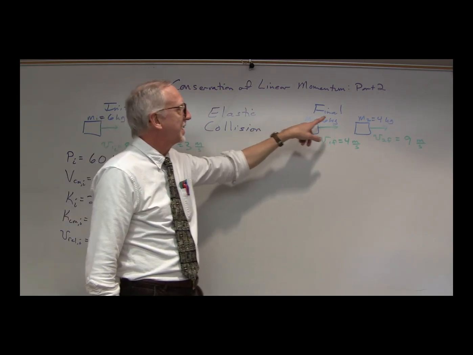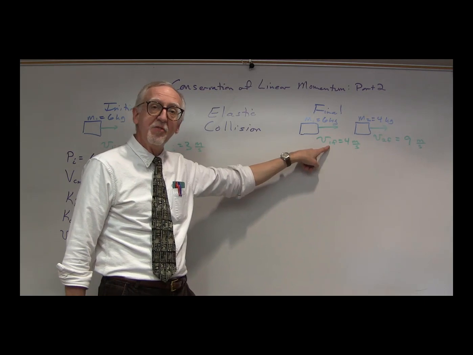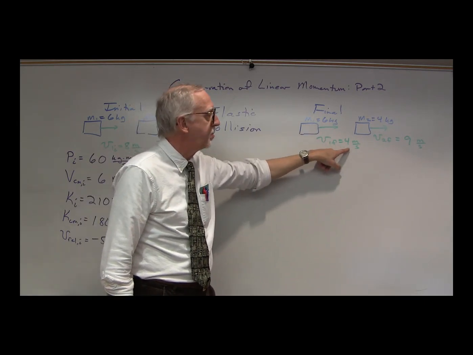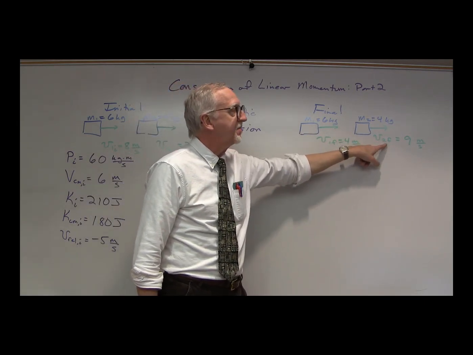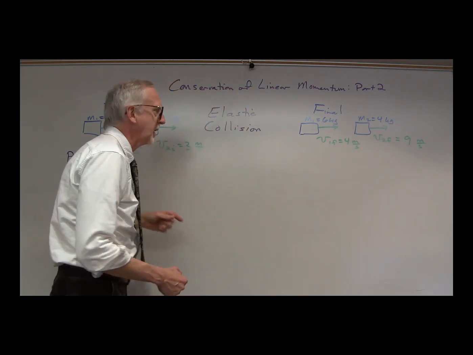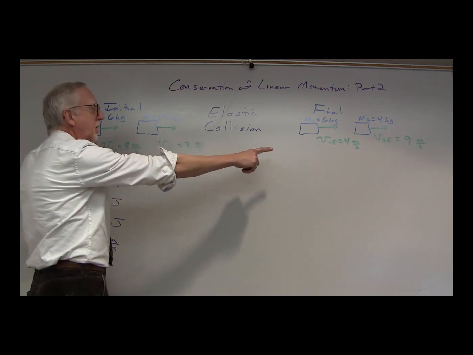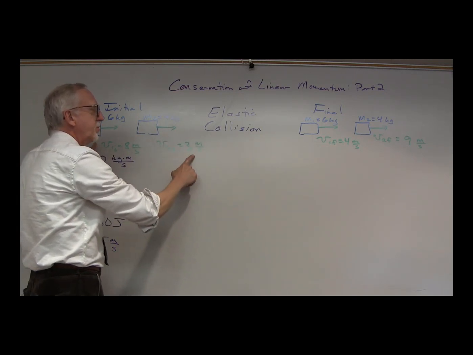We still have our 6 kilogram and 4 kilogram mass, but now the final velocity of the 6 kilogram mass is 4 meters per second, while the final velocity of the 4 kilogram mass is 9 meters per second. So what's happening? Notice, mass 1 went from 8 to 4, while mass 2 went from 3 to 9.